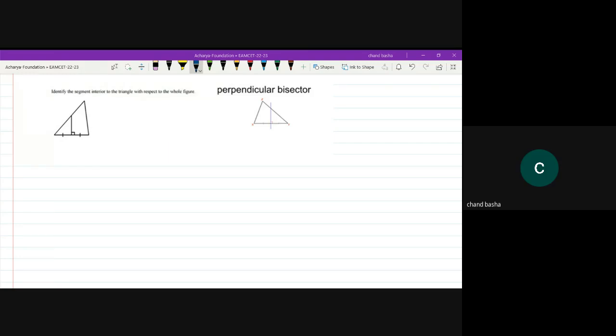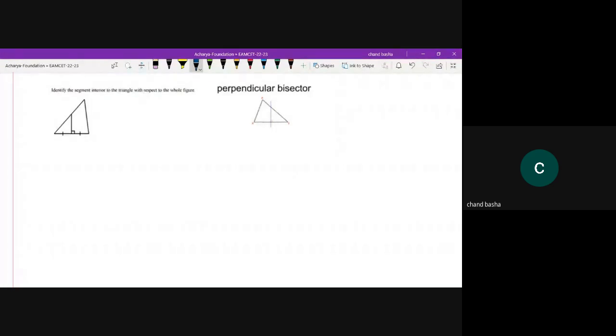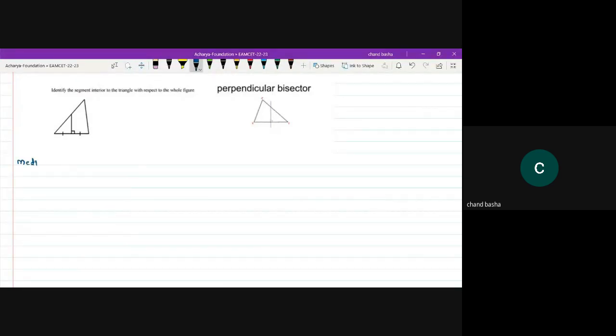Very good. You are absolutely correct. What he said, a line drawn from the vertex and which passes through the midpoint of the opposite side, is the definition of the median. What Sai said is absolutely correct. A line drawn from the vertex. We are taking it from the vertex.